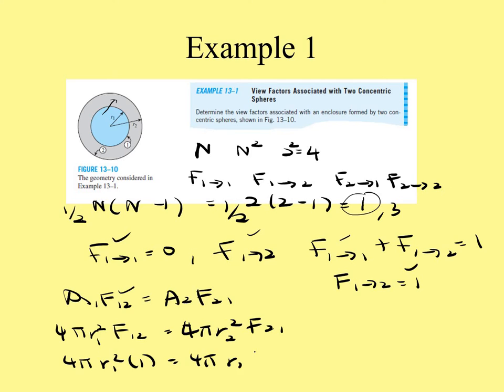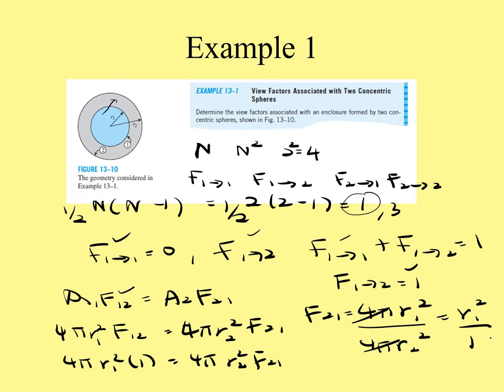So f21 equals 4 pi r1 squared over 4 pi r2 squared. Cancelling out the common terms, f21 equals r1 squared over r2 squared.